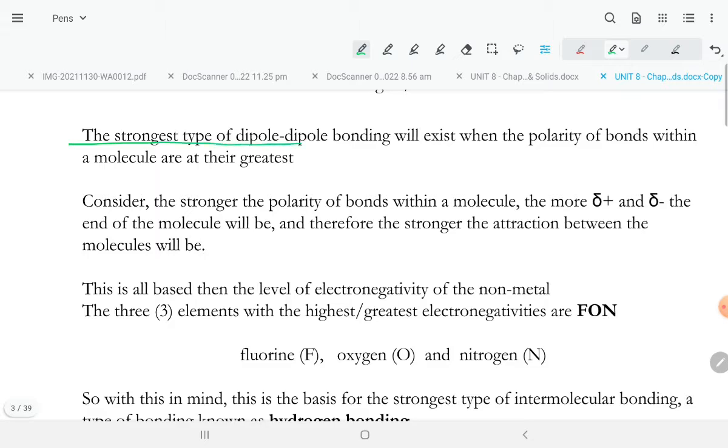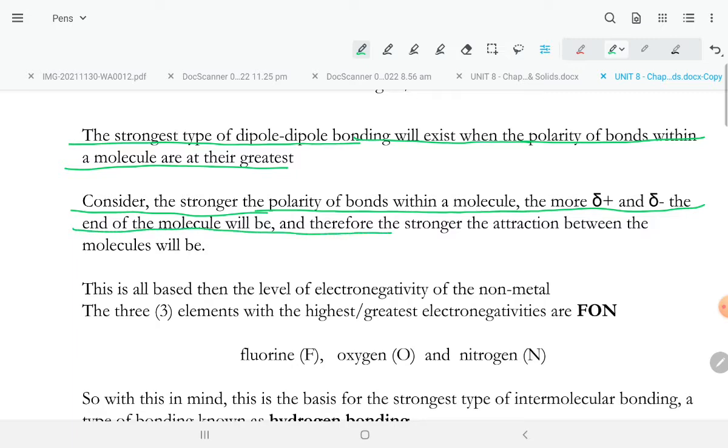The stronger type of dipole bonding will exist when the polarity of bonds within a molecule is at its greatest. The stronger the polarity of the bond, the more the molecule has partial plus and partial minus, that is delta plus and delta minus, at the ends of the molecule, and the stronger the attraction between the molecules will be.